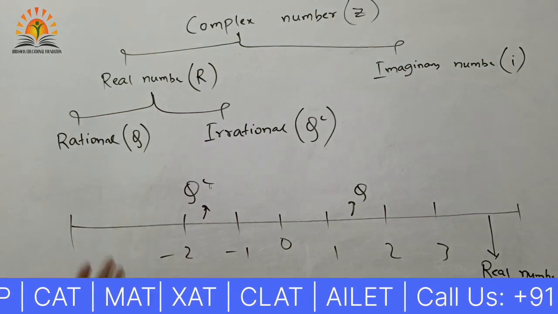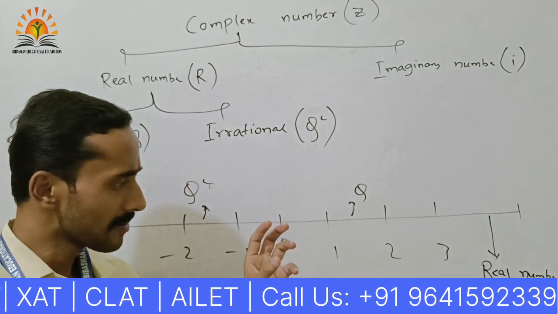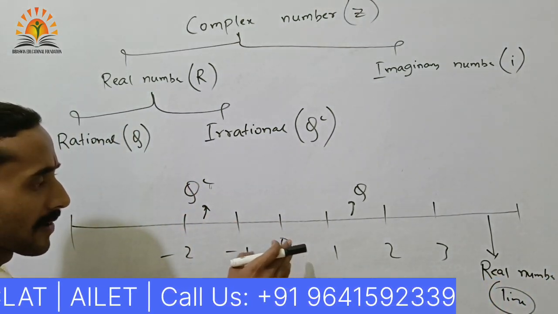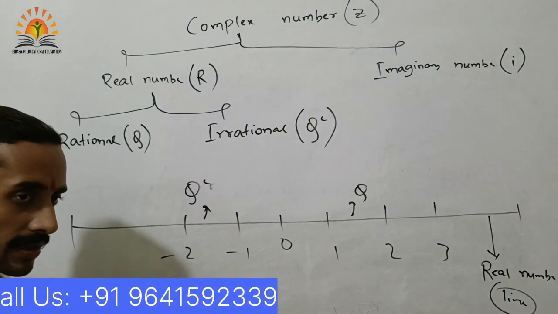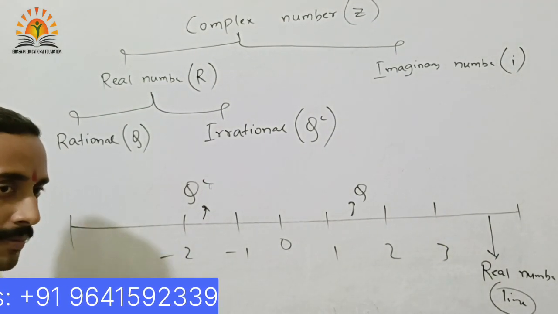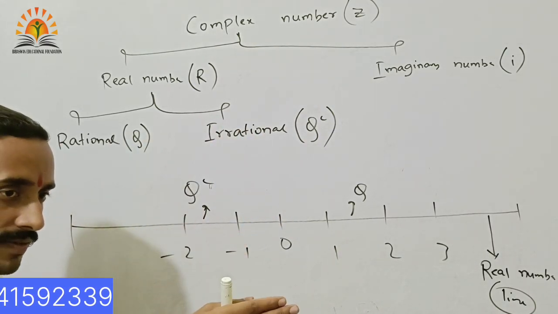Clear? Understood? There is abundant rational and irrational numbers, but there is a special quality of rational and irrational numbers. What is the quality?